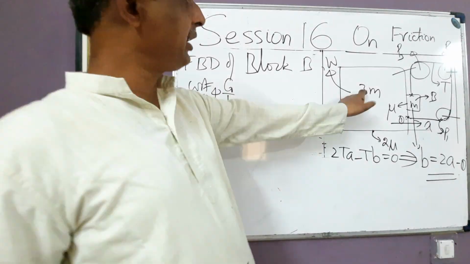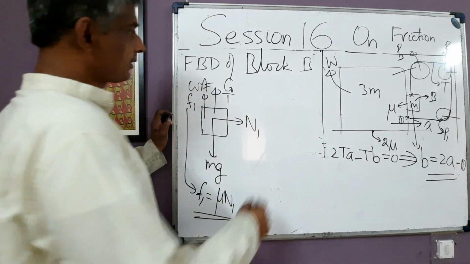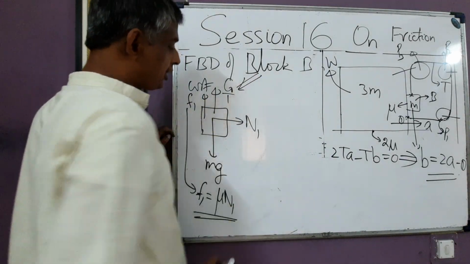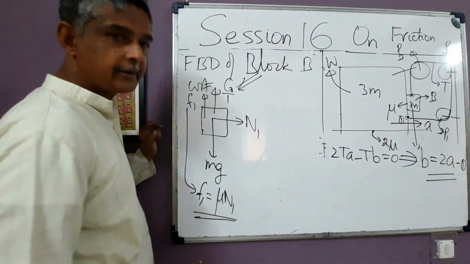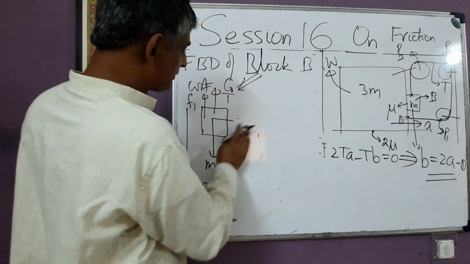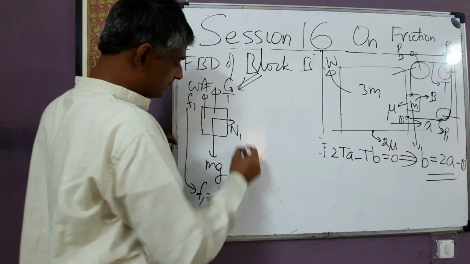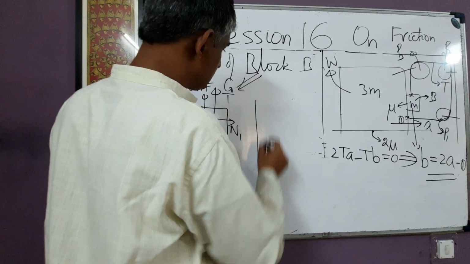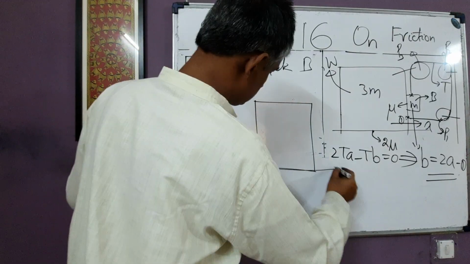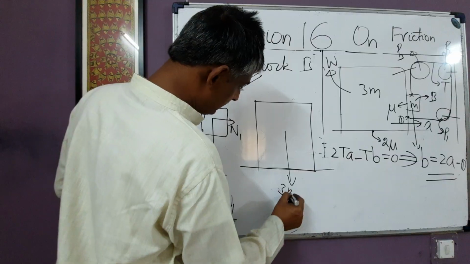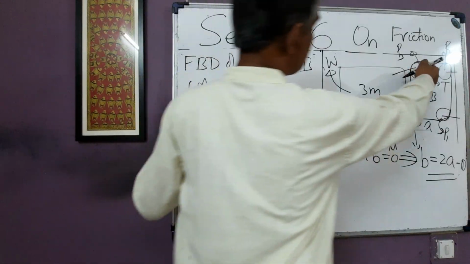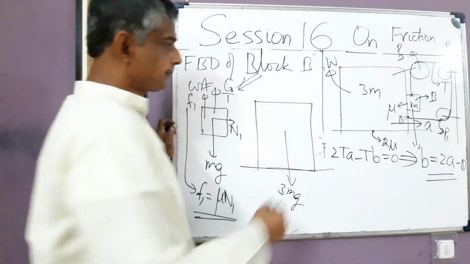Now what we have to do? This is the FBD of block. Now I draw the FBD of 3m with respect to ground. These are rough, I make it smaller so that they get more space. So I draw the FBD of 3m. See, 3mg. Now this pulley P3 is considered part of wedge.